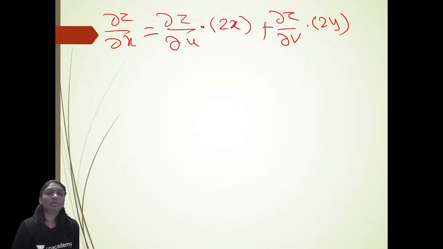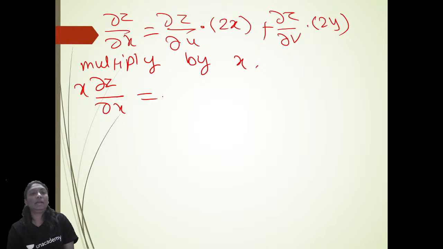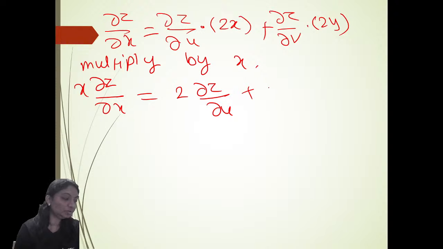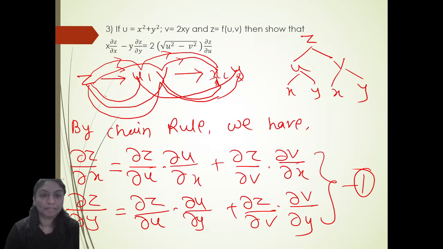So multiplying this whole equation by x, you will get x into ∂z/∂x is equal to 2 into ∂z/∂u plus, sorry, 2 into xy into ∂z/∂v. Okay, now similarly we can put the values of ∂z/∂y, है ना?